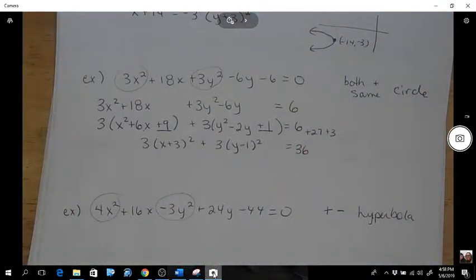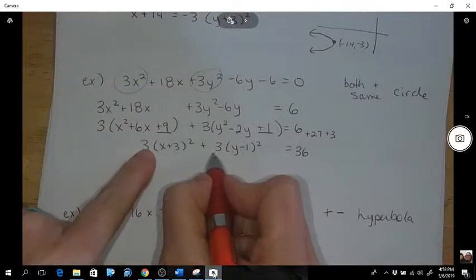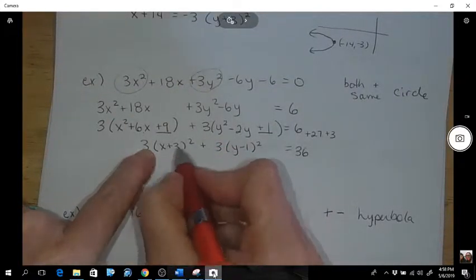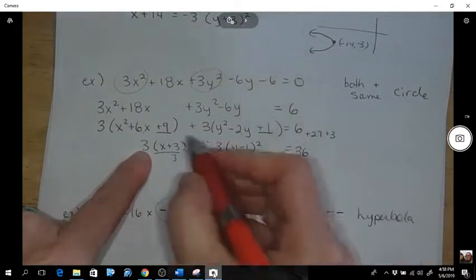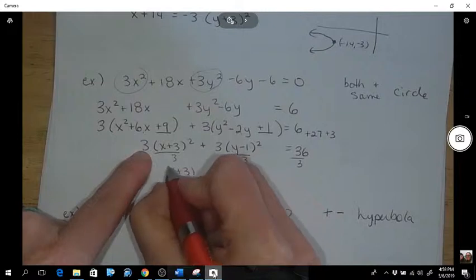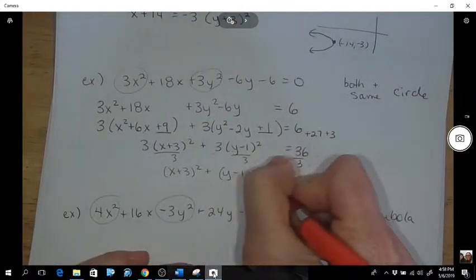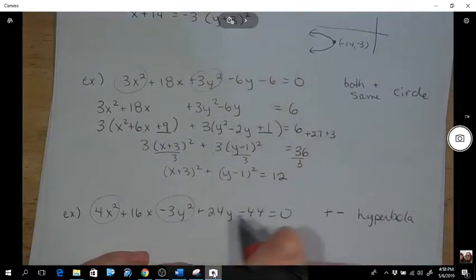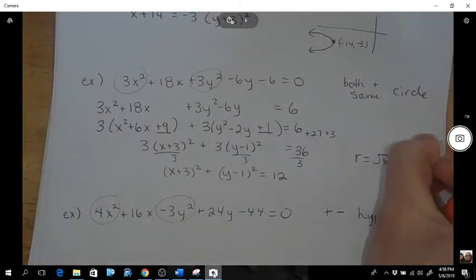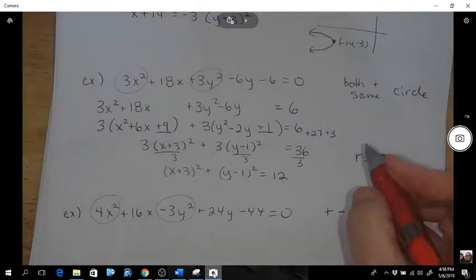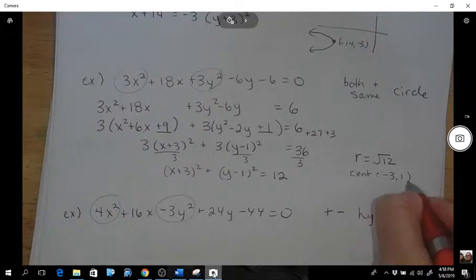Okay, on a circle though, we eliminate these coefficients. So I need to divide by 3. So (x plus 3) squared plus (y minus 1) squared equals 12. Okay, so on this one your radius would be the root of 12 and your center would be negative 3, 1.